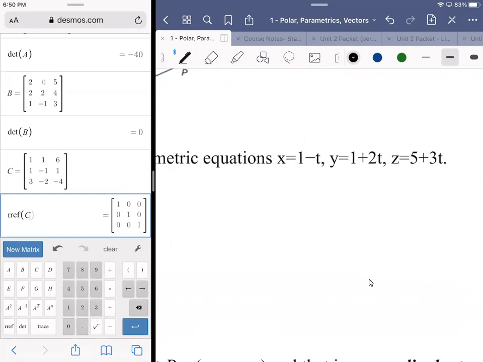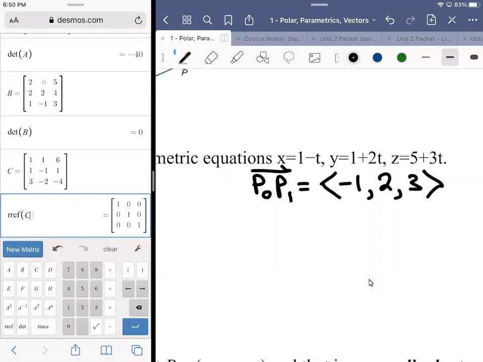So what I can do is get my displacement vector for the parallel vector. That's just going to be the set of coefficients for the variable t. So -1, 2, and 3.